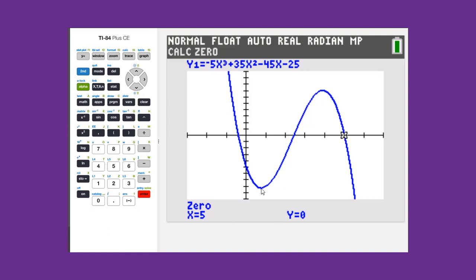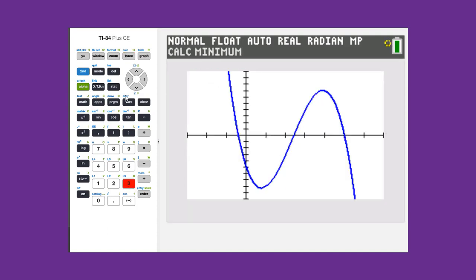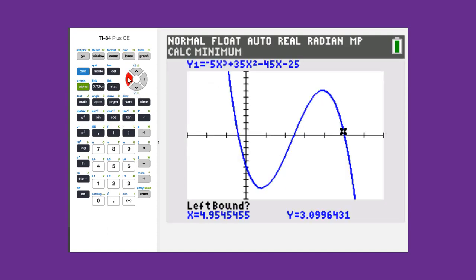And I can look at that minimum. It's here. So I go to second trace. I'm looking for minimum, so press 3. They ask you left bound. You know the left bound for this minimum, it will be on the left side of the minimum value.